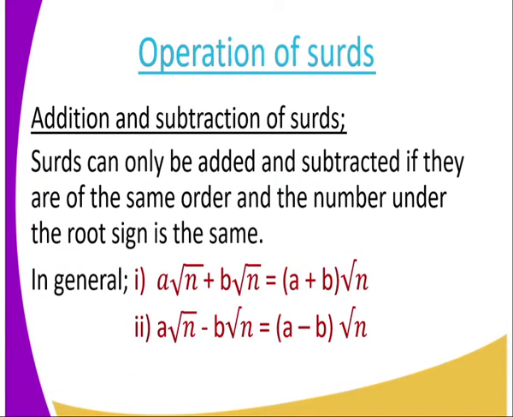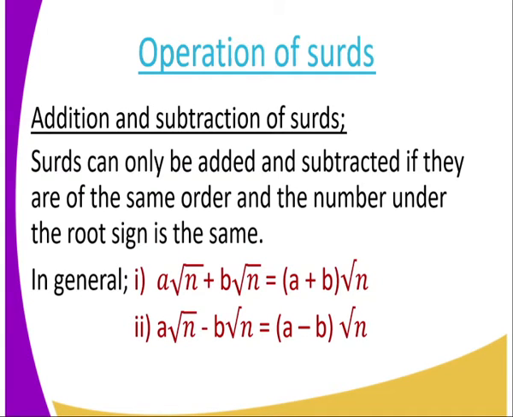We go to the operation of surds. After simplifying the surd, now we can start operating them. We are starting with the first one, that is addition and subtraction of surds. Surds can only be added and subtracted if they are of the same order and the number under the root is the same. Get that?